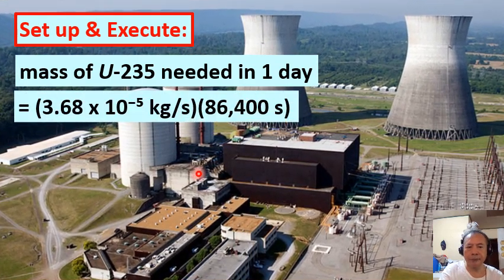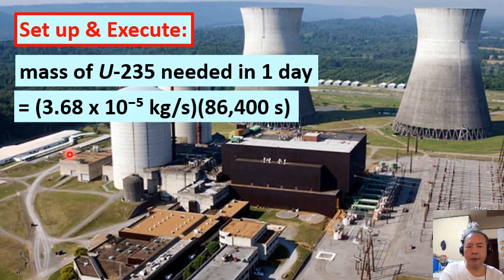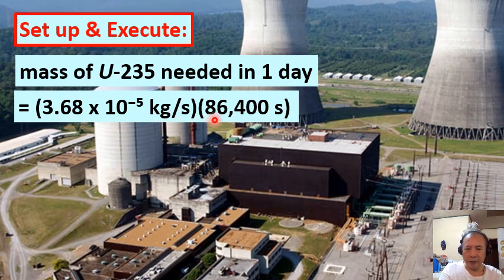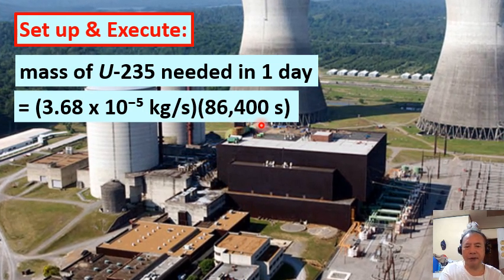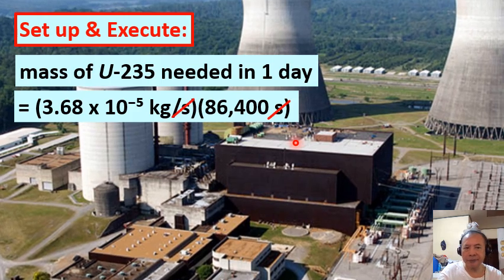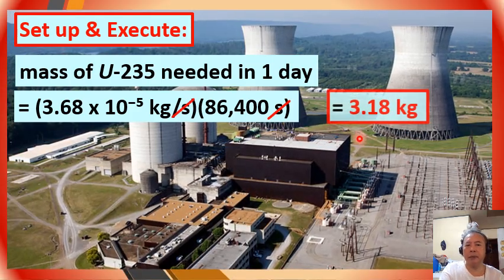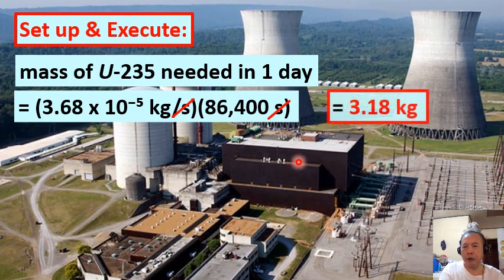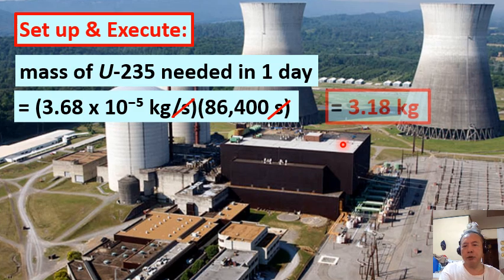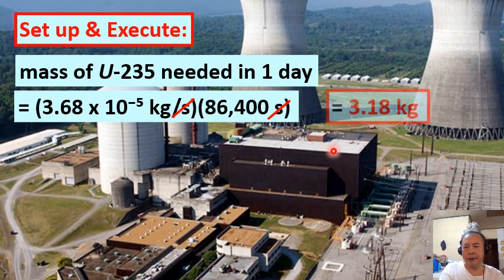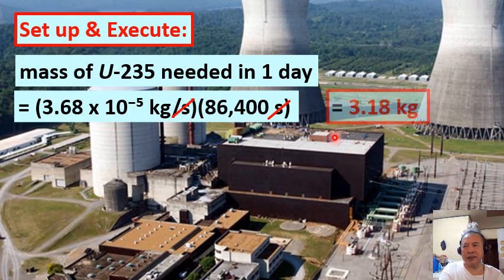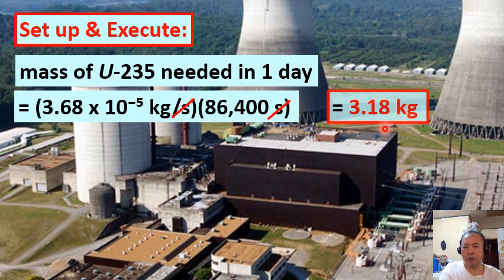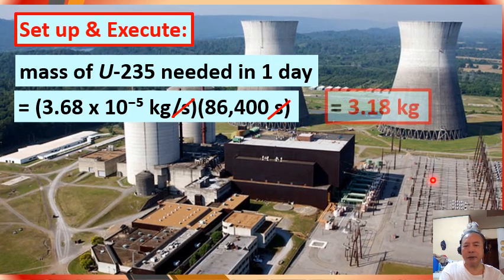That is, we just multiply 3.68 times 10 to the negative 5 kilogram per second by 86,400 seconds and get the required mass of the uranium-235 fuel in 1 day operation of a nuclear power plant with a power capacity of 3,000 megawatts, and that is equal to 3.18 kilogram in three significant figures.